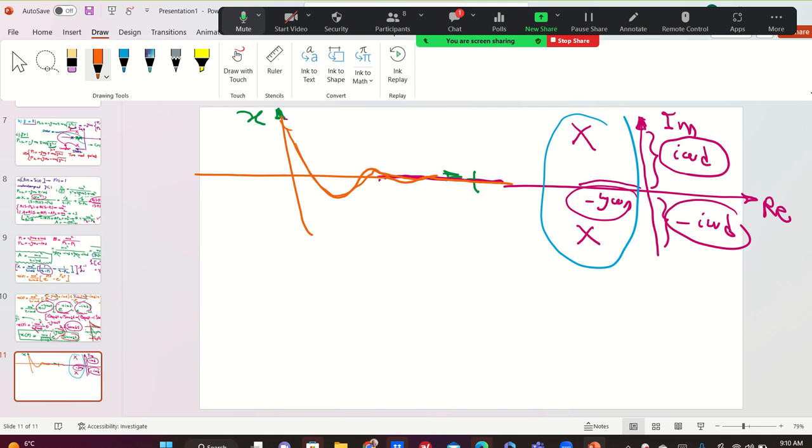That's because your system is a second order system.